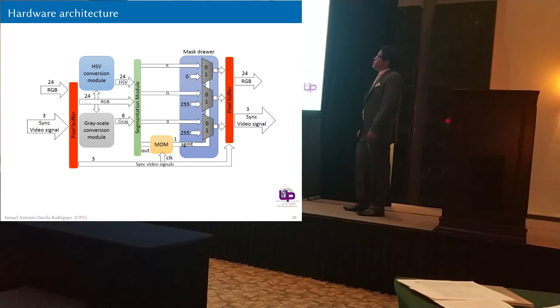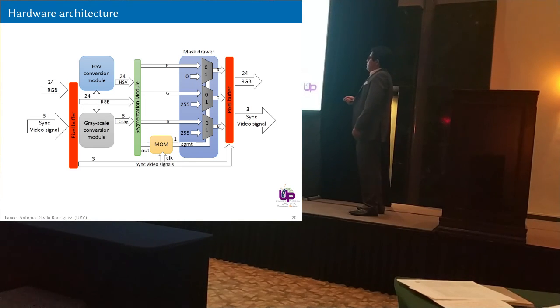So here's a hardware architecture that is pretty simple. If you see, the pixel buffer only handles the timing signals and also the incoming pixel. And there is another pixel buffer at the output to maintain the same video signals. And here is the grayscale conversion module and the HSB conversion module.